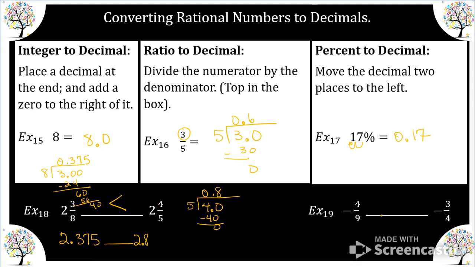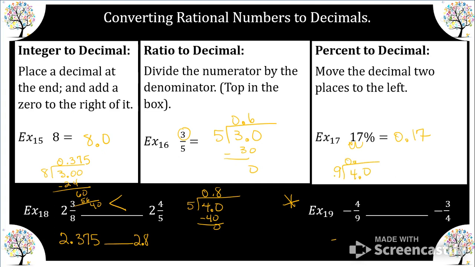Okay, now we're going to take a look at comparing negatives. And we remember, we have to think the opposite here. So let's first convert them to decimals. I know my answer is going to be a negative decimal. So I'm going to divide 9 into 4.